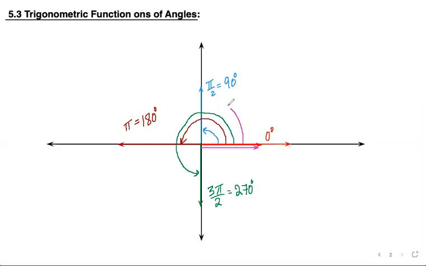Starting from here, turning around, this is 2 pi, and it's the same as 360 degrees. So the angle at the positive x-axis is 0. You have to know this is 0, this is pi over 2, this is pi, this is 3 pi over 2, and this is 2 pi.